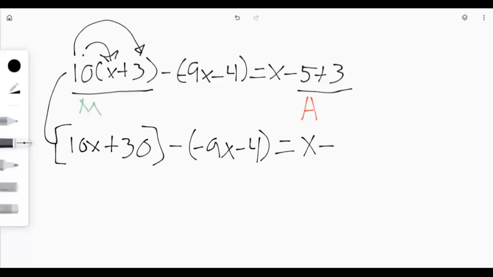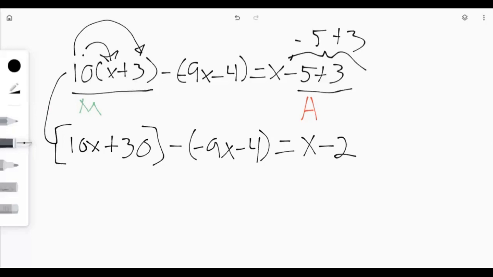So we have x minus 5 plus 3. That is just the operation of negative 5 plus 3, which means that we will have negative 2. So we end up with x minus 2 on this side.